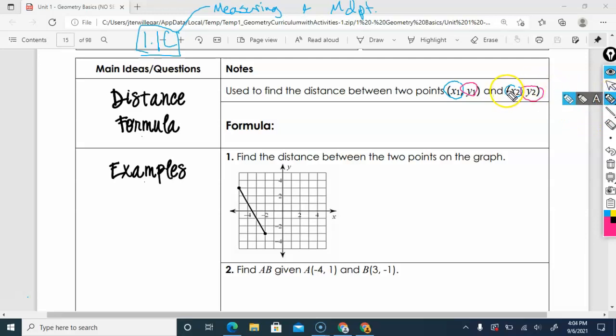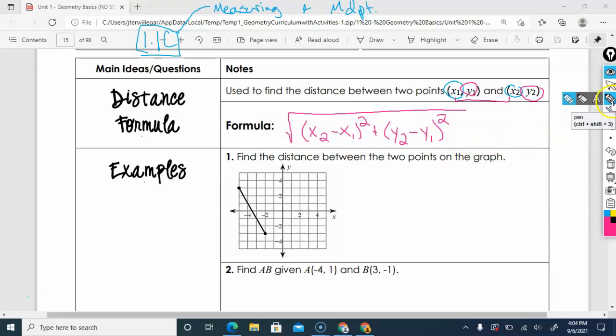In order to find that distance, we're going to do x2 minus x1 and a giant square root thing. So I'm going to do x2 minus x1 squared. That's actually the Pythagorean theorem. Plus y2 minus y1 squared.